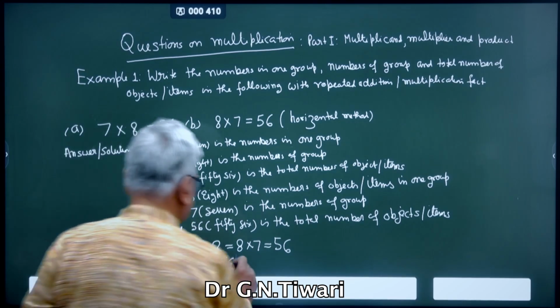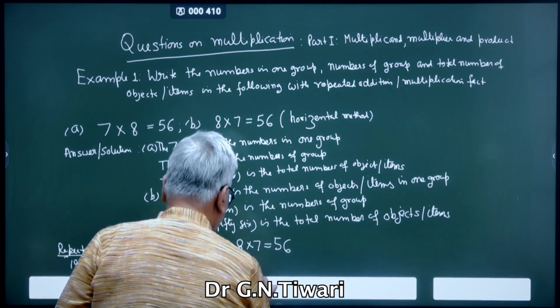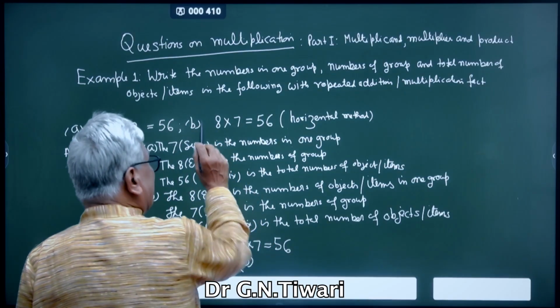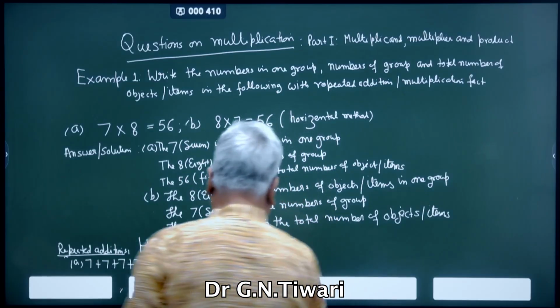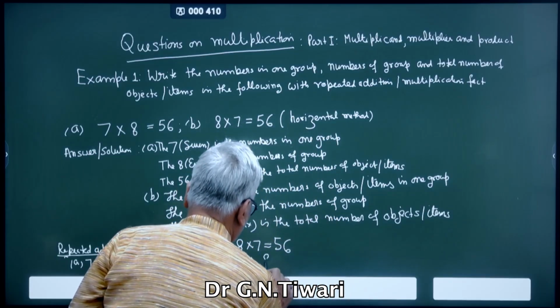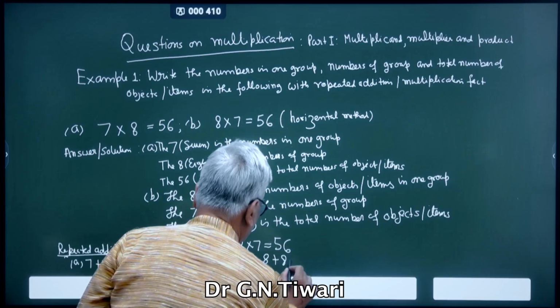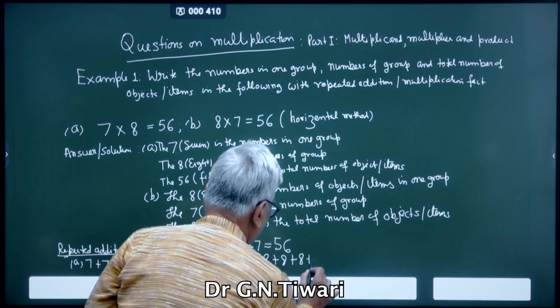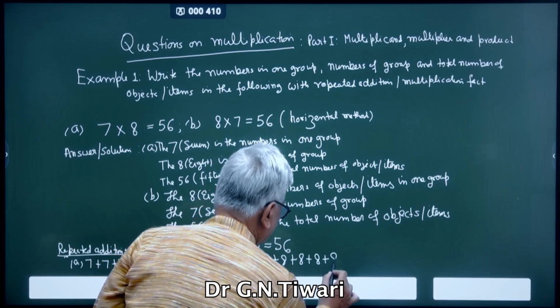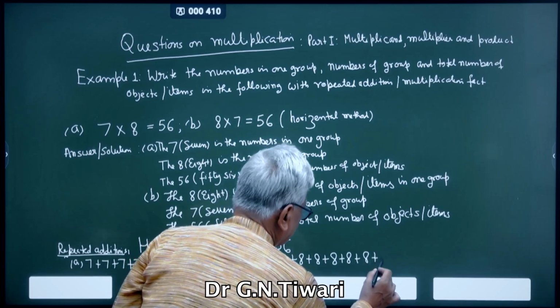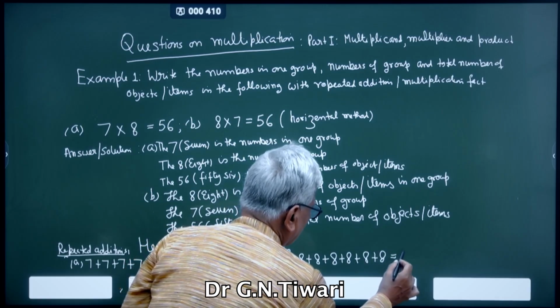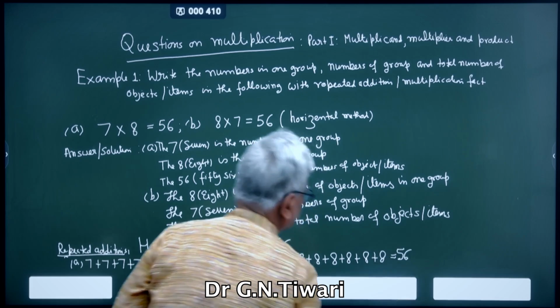Now B. In B, you have to write 8 seven times, 1, 2, 3, 4, 5, 6, 7. This is also 56.